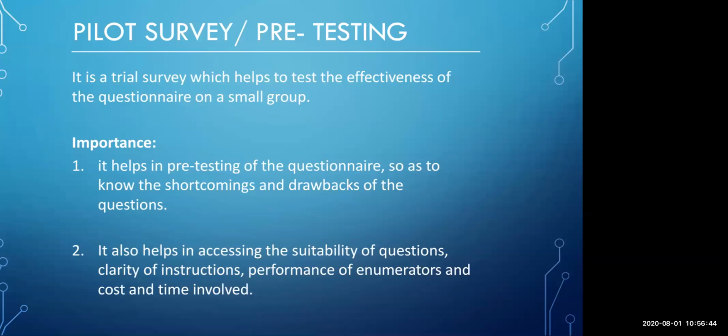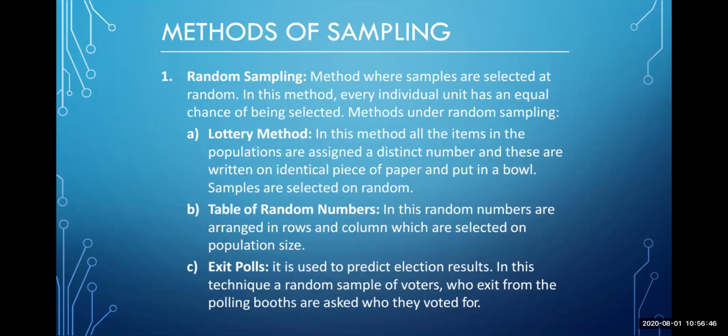So let's talk about methods of sampling. Now, when we do the pre-testing or sample survey, as I said, it will help to overcome the shortcomings. Now, we also need to know what the methods of sampling are. The first method is random sampling, which means that samples are selected randomly.